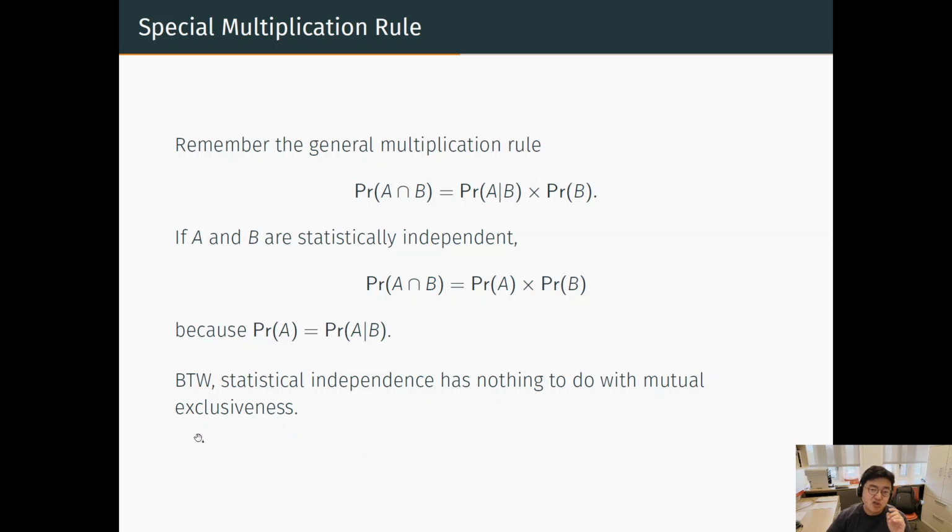But now, for the multiplication rule, union is replaced by intersection, addition is replaced by multiplication, and mutual exclusiveness is replaced by statistical independence, right? However, statistical independence has nothing to do with mutual exclusiveness. If two events are independent, still they may be mutually exclusive, or vice versa. So there is no relationship between these two, but the structure of the two different formulas is pretty similar, parallel, right?